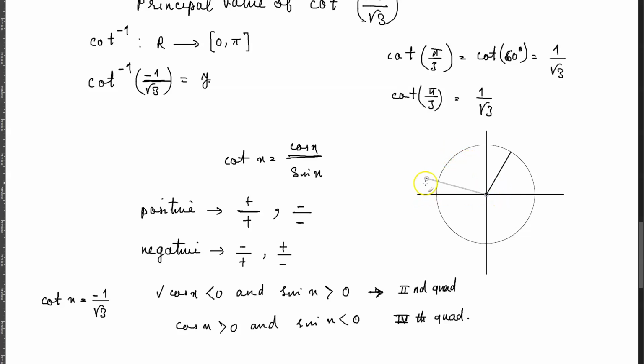I need to start from this line and go up 60 degrees, meaning 15, 30, 45, and 60, right?